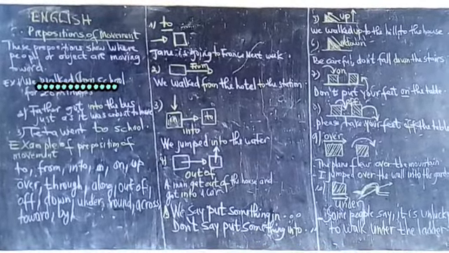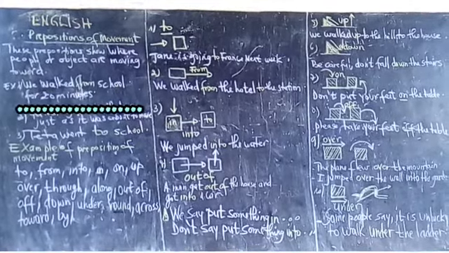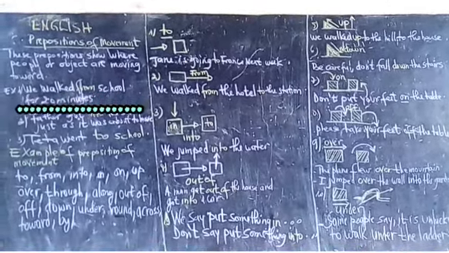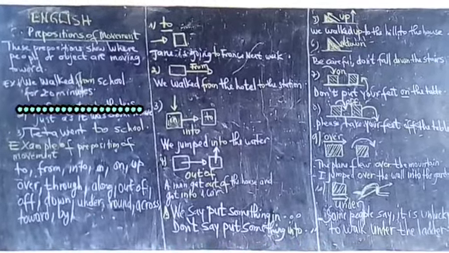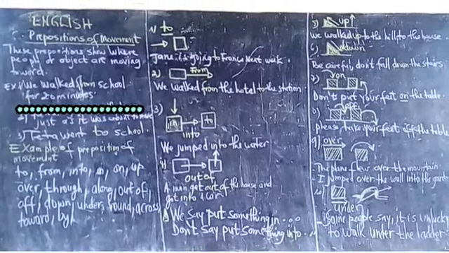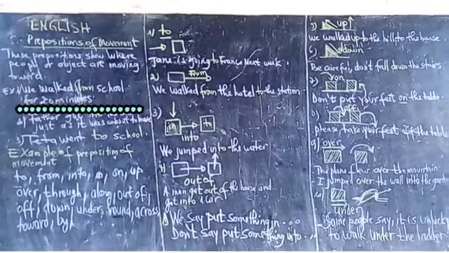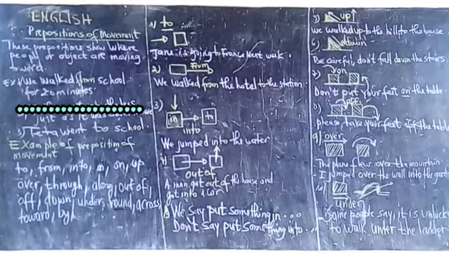Number 1. We walked from school for 20 minutes. Let me repeat. We walked from school for 20 minutes. The preposition there is from. Number 2.